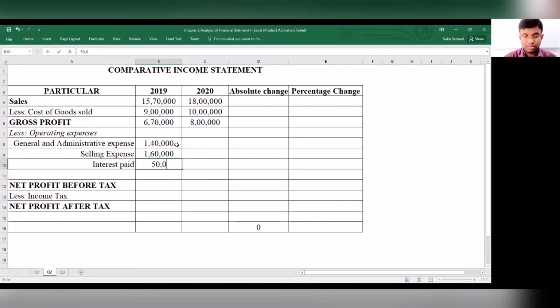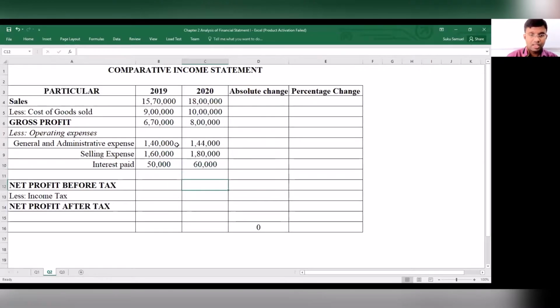Interest paid is 50,000. So that is also been subtracted. So this is for the year 2019. Then we have to look at 2020. For 2020, we have 1,44,000. Then you have 1,80,000. Then you have 60,000. So these are your operating expenses.